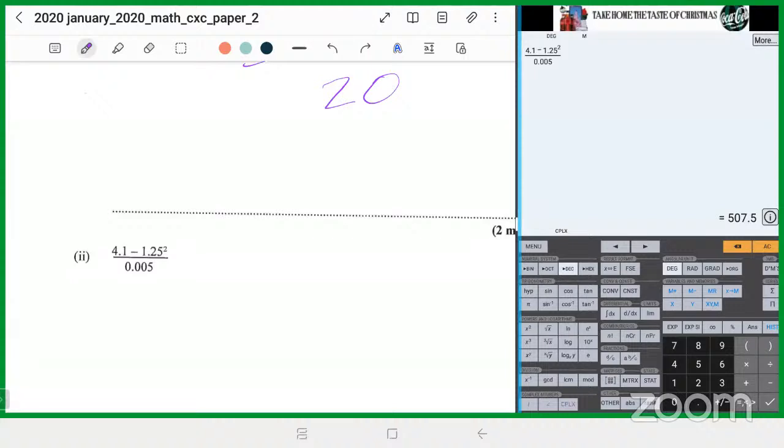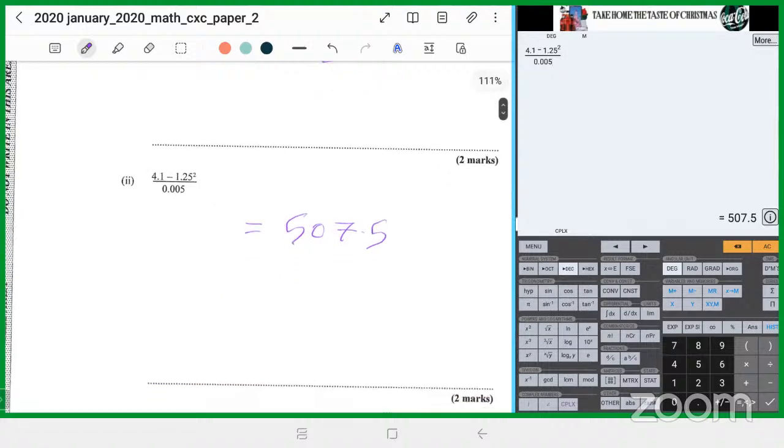Make sure you type it in exactly as it is there. Don't put the extra zero or don't put any zero less. Type it in exactly as you see it there. And this works out to 507.5. That's that. Next question.